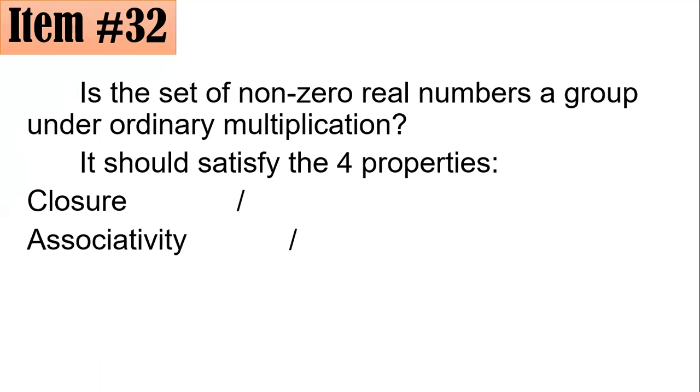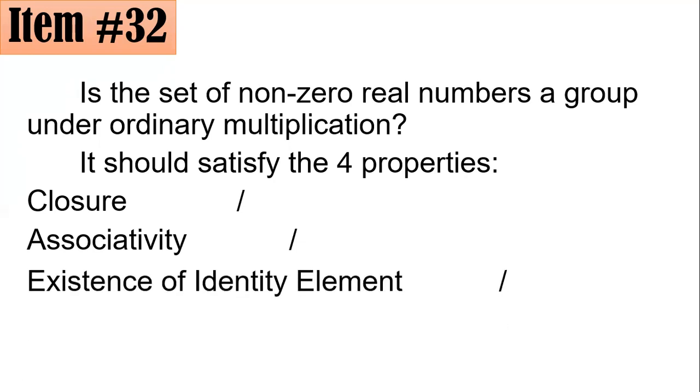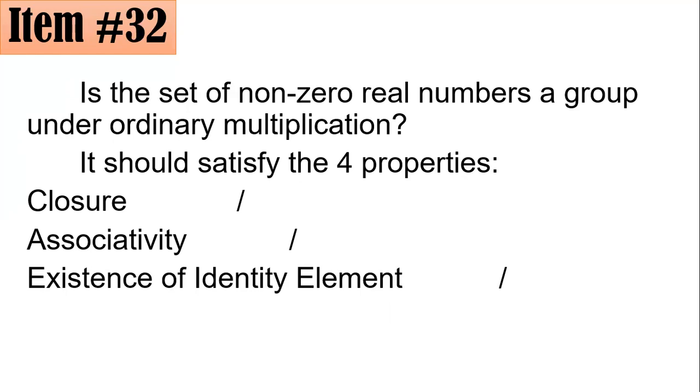Next is the existence of an identity element. We know that the identity element of multiplication is 1. And since 1 is also a real number, this particular property is satisfied. And lastly, the inverse property is also satisfied.